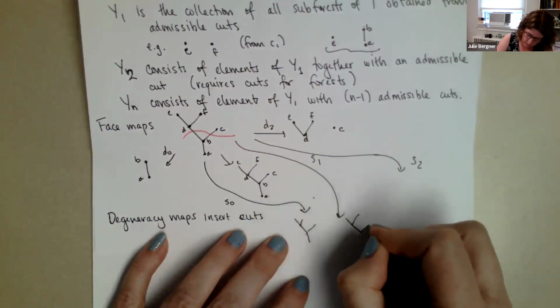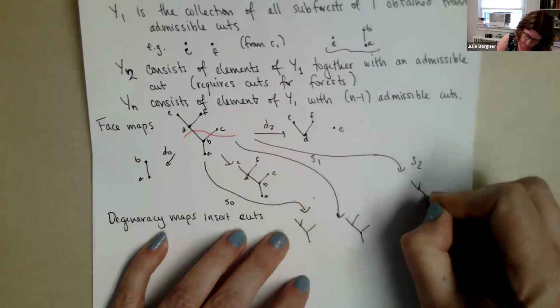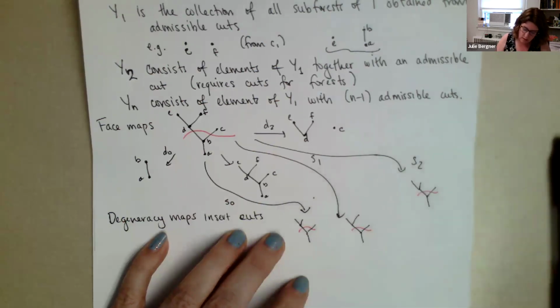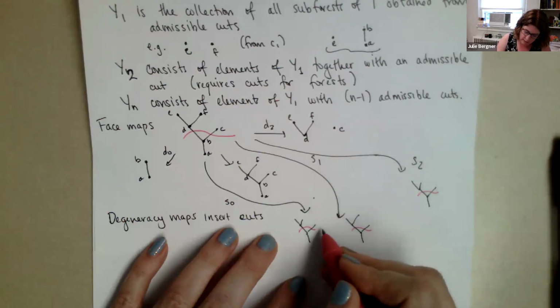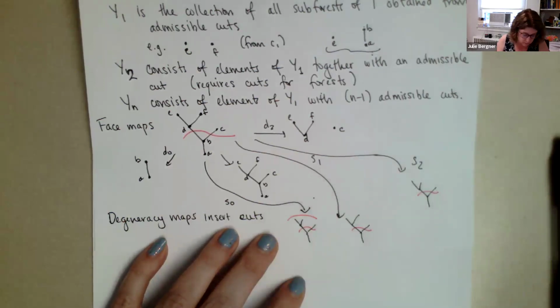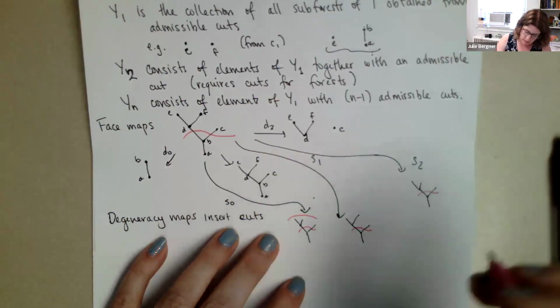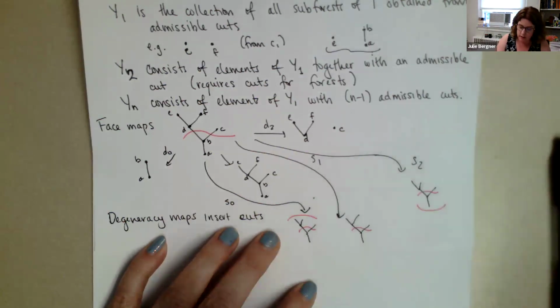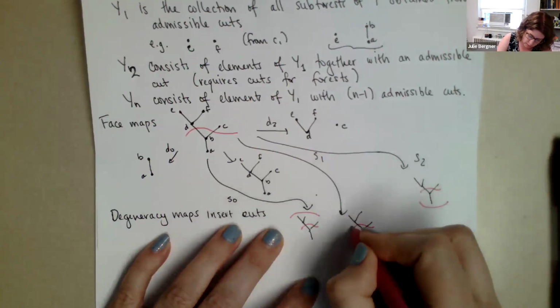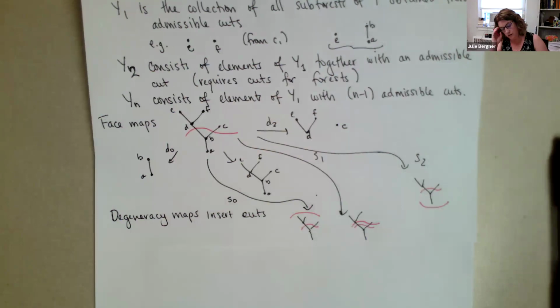Let's quickly draw what we start with. So we start with this cut. And then what S0 does is insert a cut just at the top. S2 would insert a cut at the bottom, and S1 would just duplicate the cut that you had before.